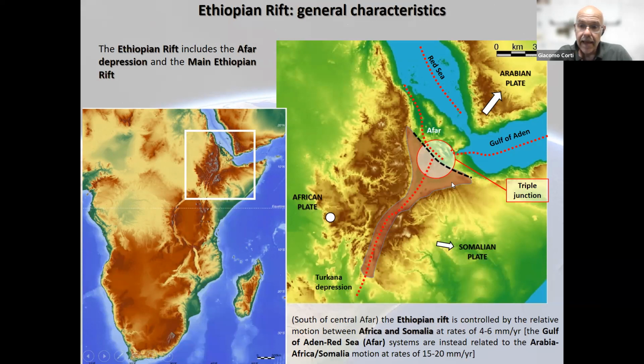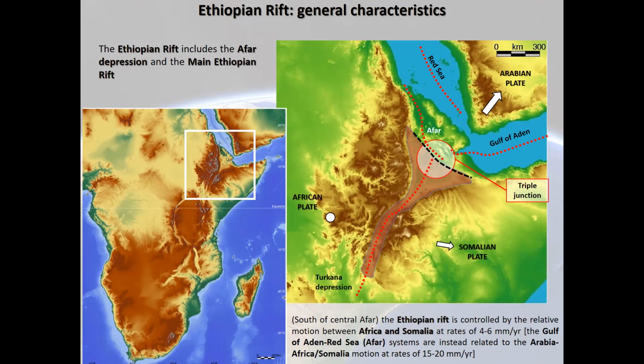And in this specific location, like almost all the East African Rift, the deformation is controlled by the motion between the two large plates of Africa and Somalia, whereas south of the Turkana Depression, there are minor intervening microplates which somehow complicate the plate kinematic setting of the rifting process in East Africa.